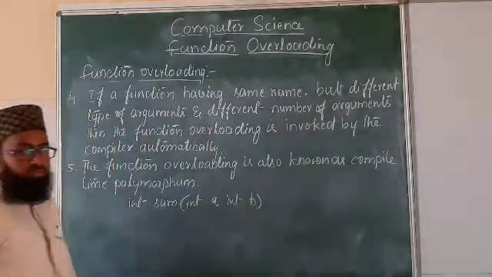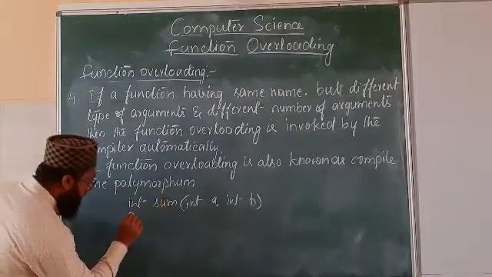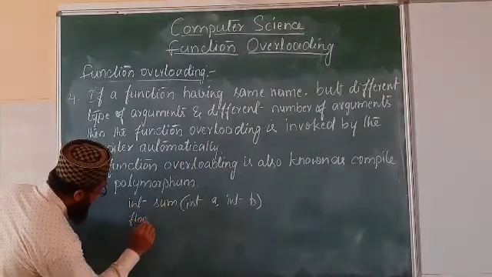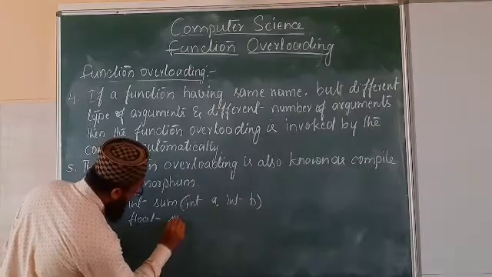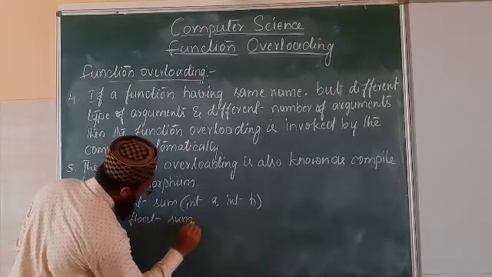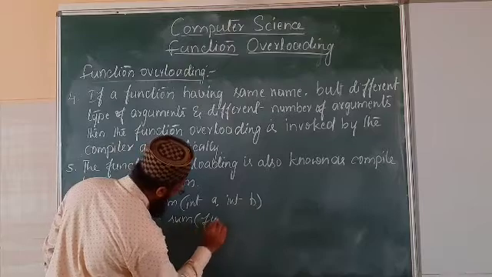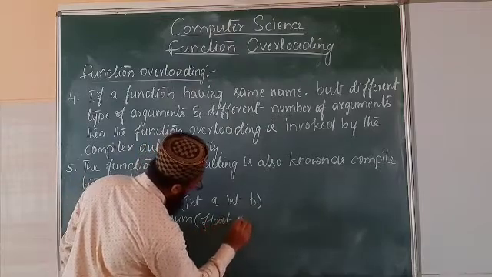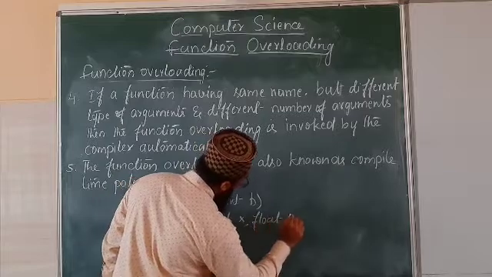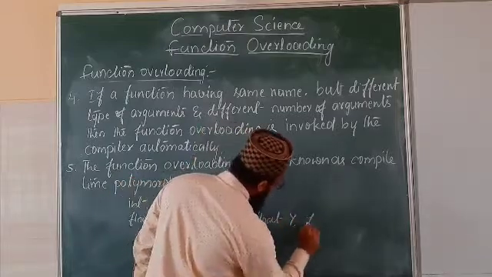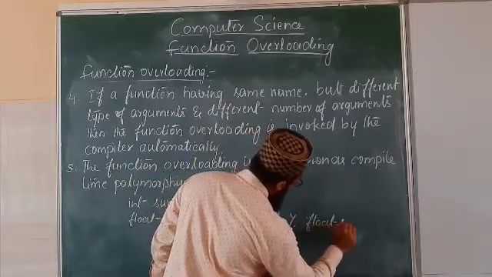This is one function. Then take one more function with the same name sum, but the return type is float: float sum, with float x, float y, and float z.